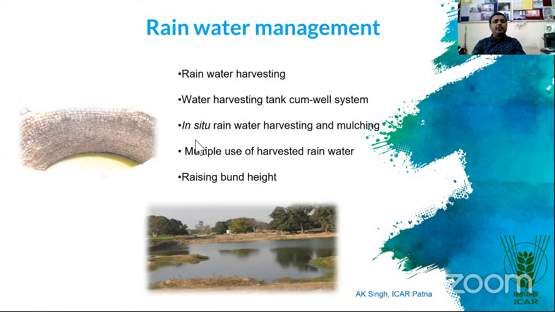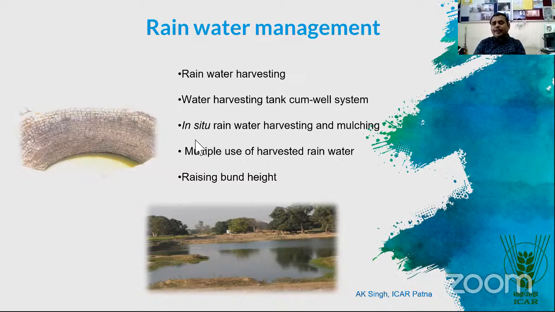So how do we manage rainwater? Rainwater management is especially designed for the area where there is less precipitation, less rainfall. So we need rainwater harvesting. We need to construct wells, check dams, all these things, and this harvested water we have to use for multiple uses and for life saving irrigation.